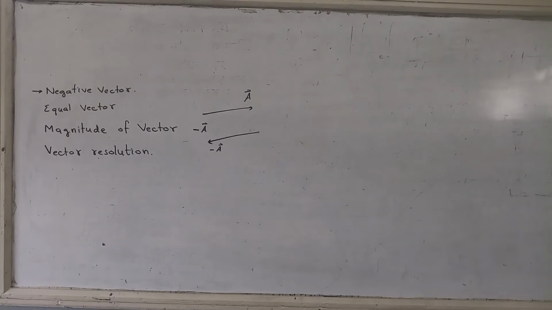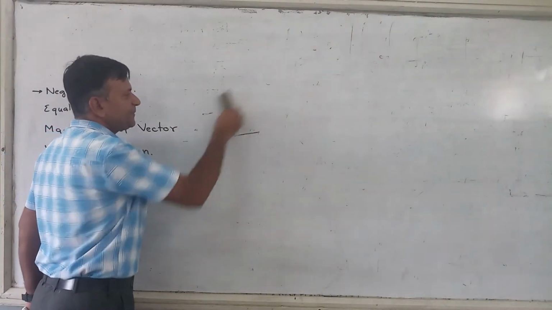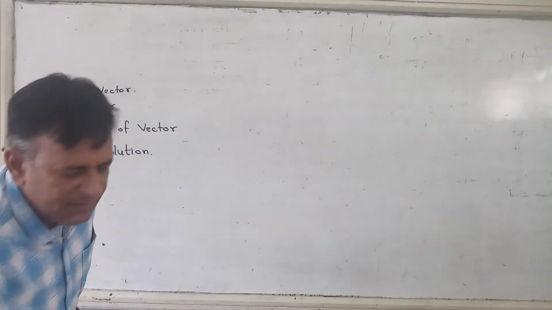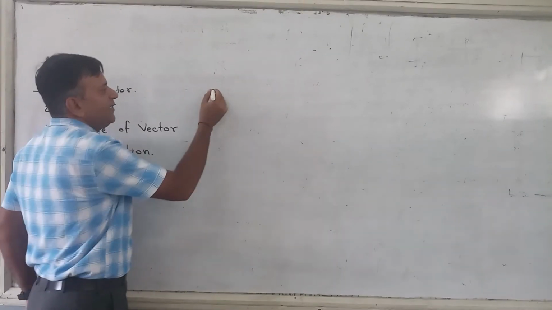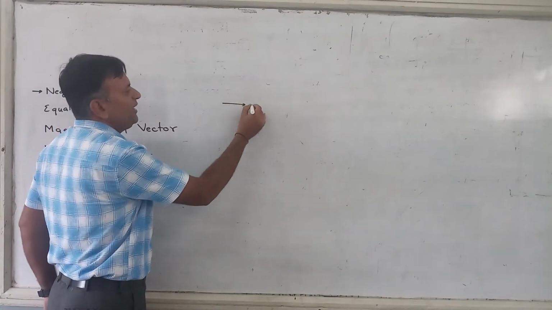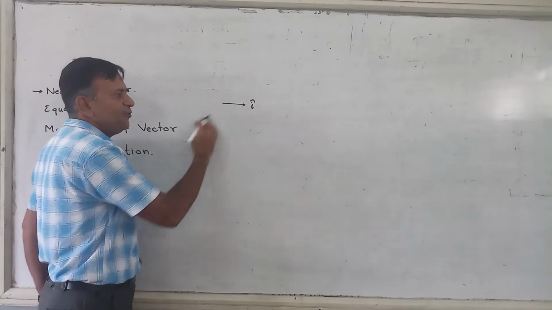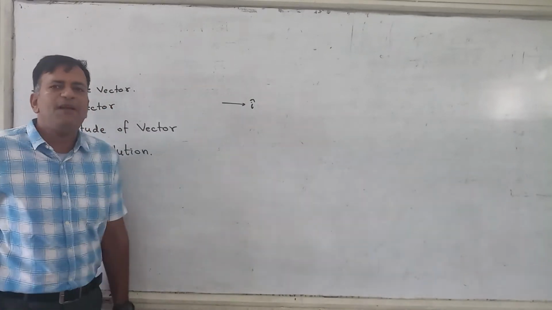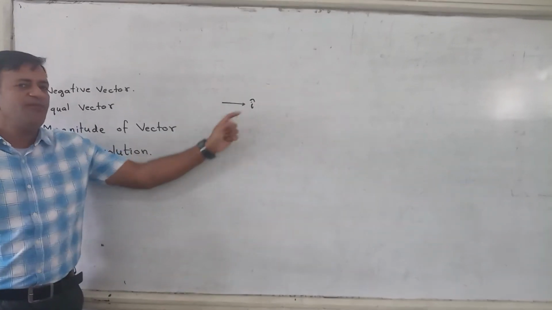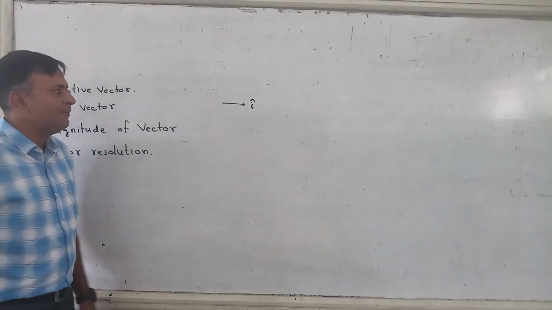Okay, let me show you few more examples of a negative vector. Now here see, we have this small unit vector known as I cap. You know what is I cap? I cap is a unit vector in the direction of positive x-axis.